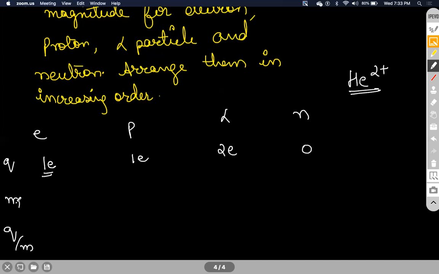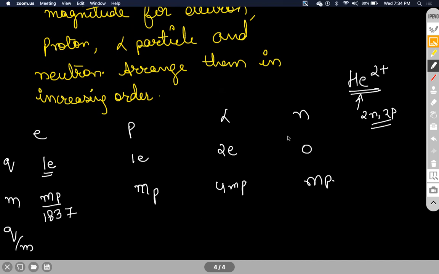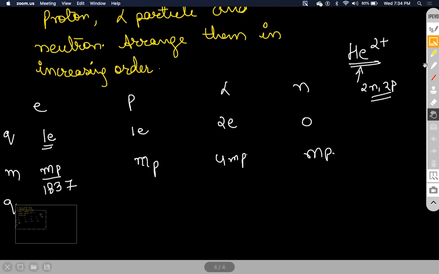Neutron is 0. Considering the mass of proton as MP, the mass of electron is MP divided by 1837. The alpha particle has a total of 4, 2 neutrons and 2 protons, so 4 MP. And neutron is nothing but MP. Now check the Q by M ratio of all.